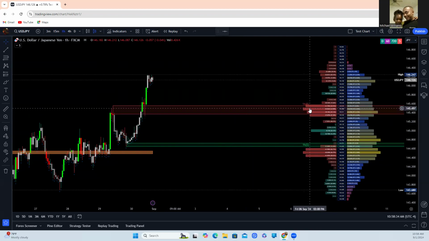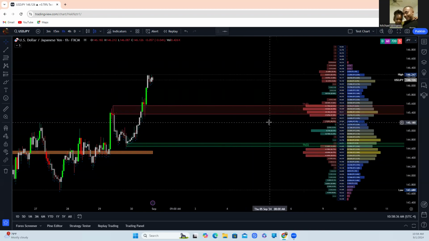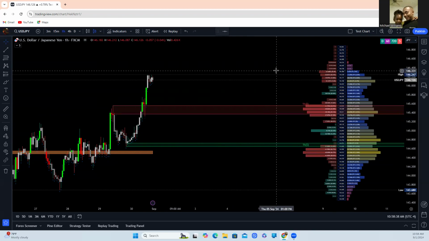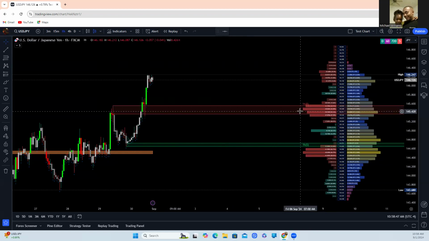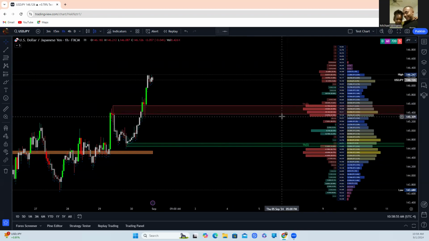And with this being sell volume, and us wanting to push the market up, I have a lot of buy orders that I need to settle somewhere, and I need that liquidity in the form of sell orders. This was a great place to do that. So this area was utilized as a liquidity area to continue to push the market up. So this is the role that volume plays in moving the market.